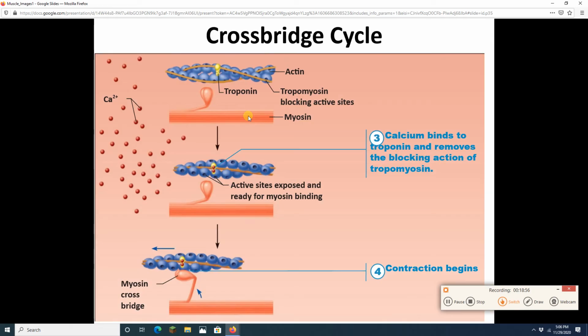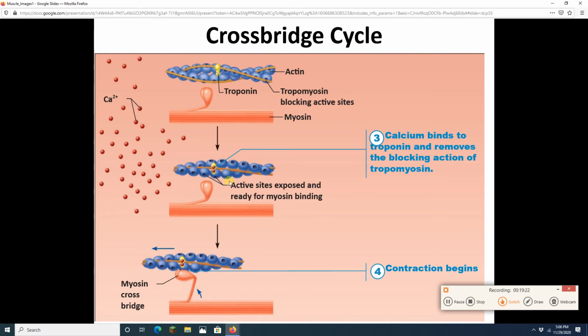Let's see what happens. So here is actin, here is myosin. The head wants to grab onto it, but it can't because it's blocked by tropomyosin. In the presence of calcium, here comes calcium. Calcium is going to bind to the regulatory protein troponin. So there's calcium binding to troponin. When that happens, the tropomyosin shifts.